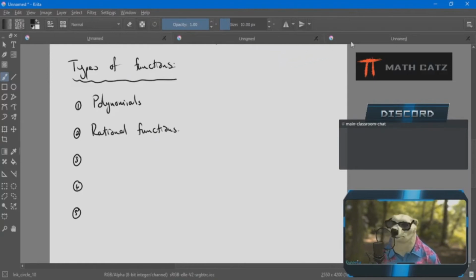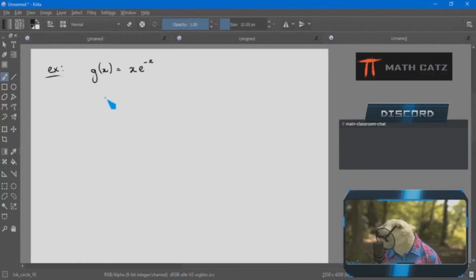Then I have functions like this guy, which has an exponential component. It's not an exponential function, because technically speaking, an exponential function looks like that, with some x's at the top, not really mixed with other things. These guys have exponential functions as components in them.